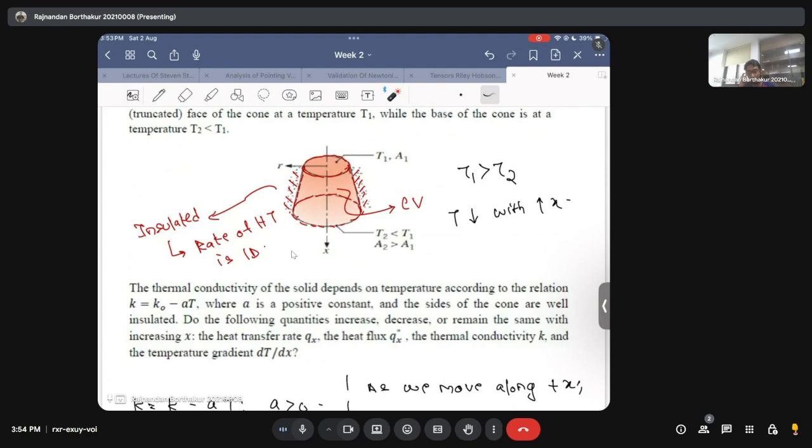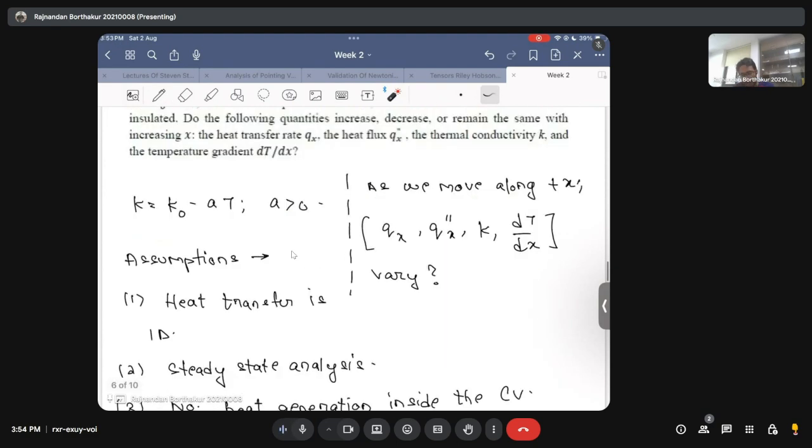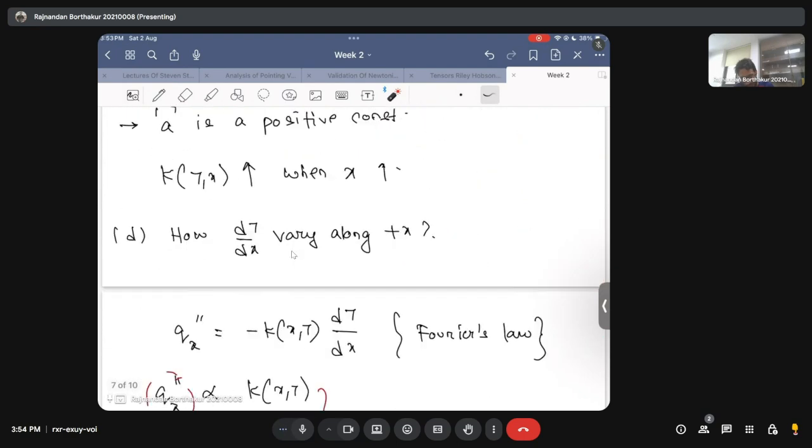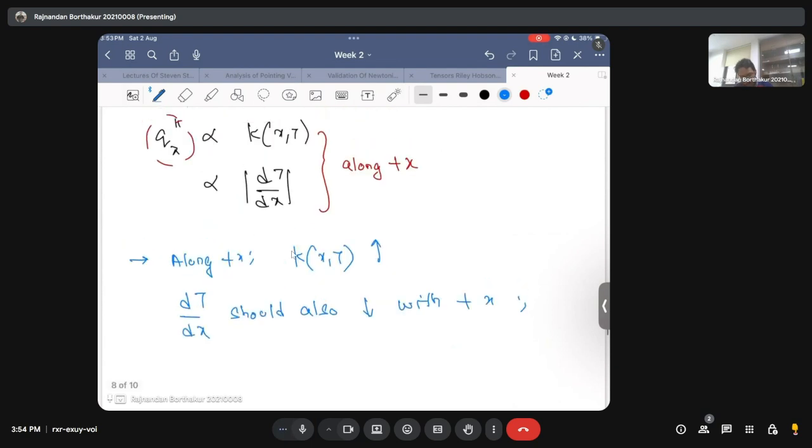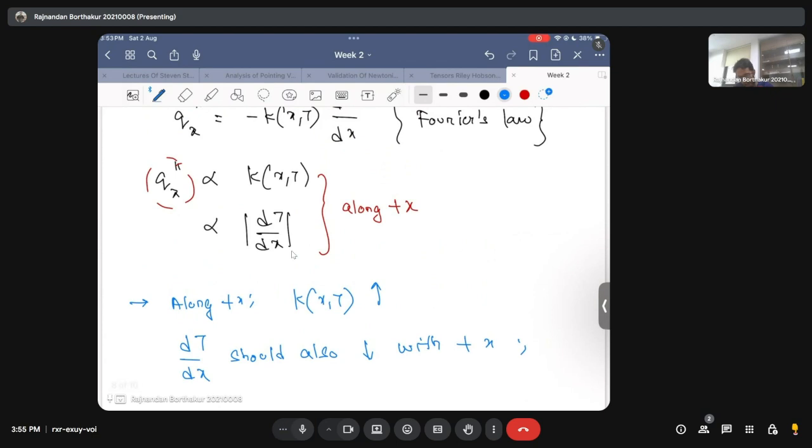Since your temperature is decreasing, you can say that your temperature gradient will also decrease with plus x, which means that my dT/dx should also decrease with plus x.